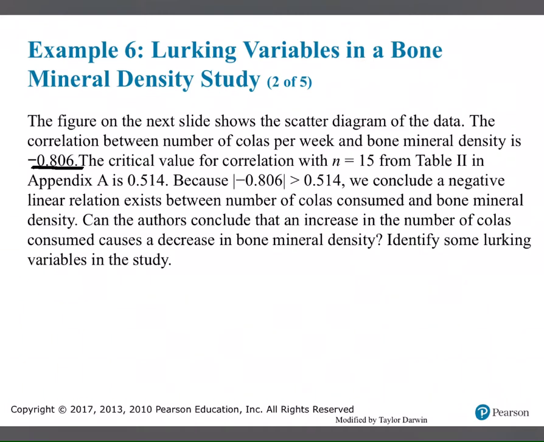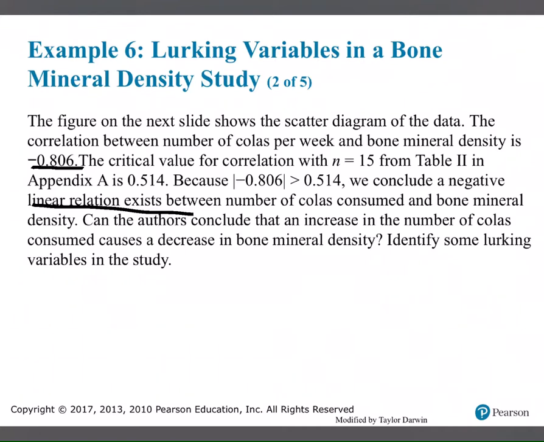If we test our critical value, that means that a negative relationship does exist. But can we conclude that an increase in the number of colas consumed causes a decrease in bone mineral density? So can we say that this causes this, or are there some more things going on?